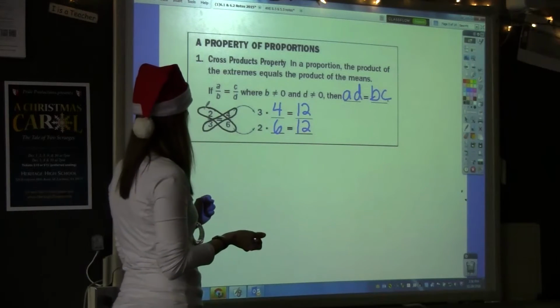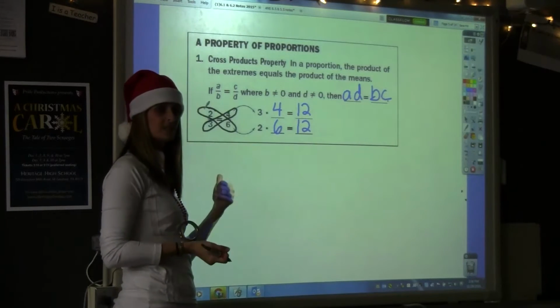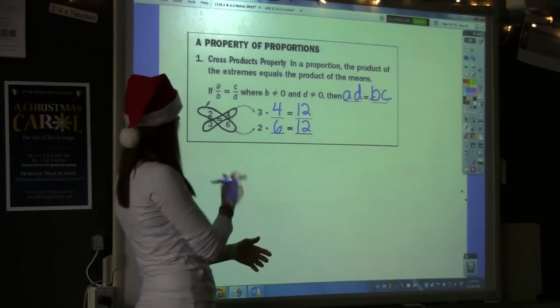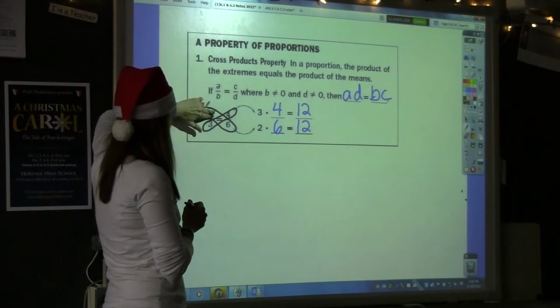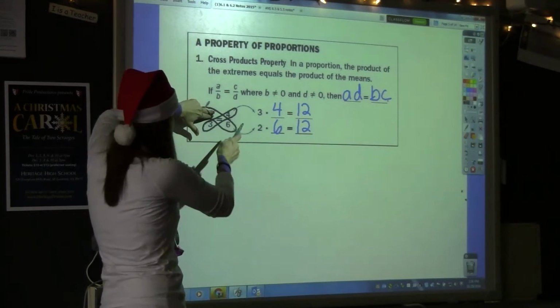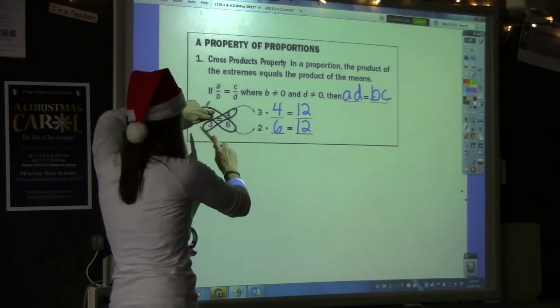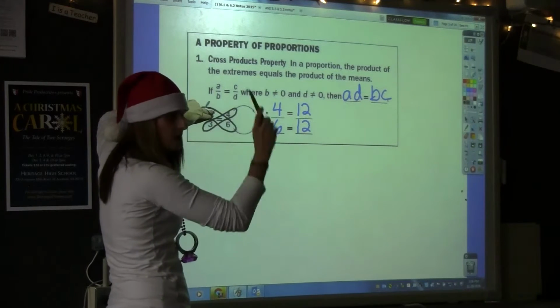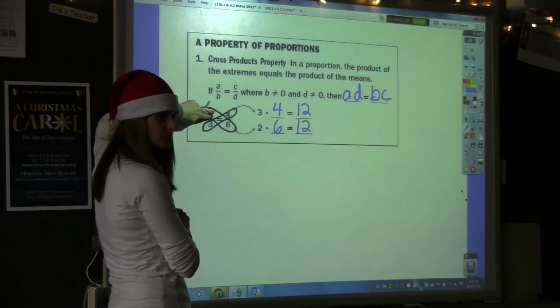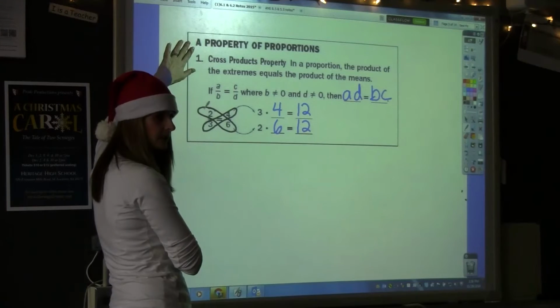That's all that's saying. And this is very useful because if we don't know one of these numbers, if I made that 2 into an x, we can still use the same property because 6 times x should equal 3 times 4, and then we solve for x, which is what we're going to do on the next flip chart. Can I move on?